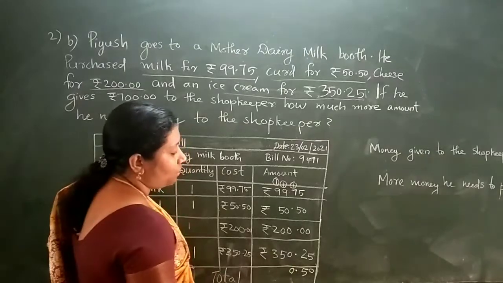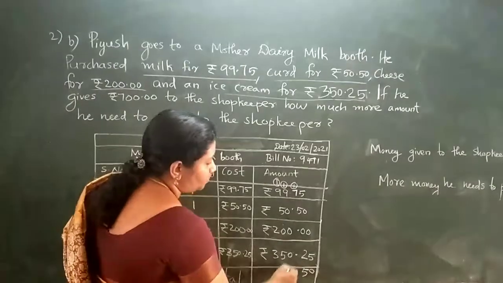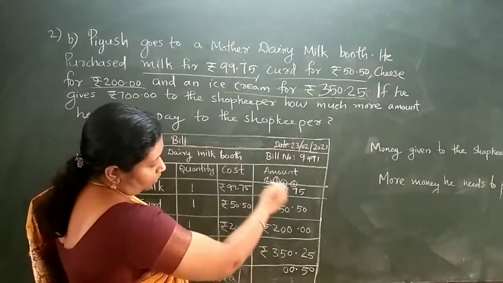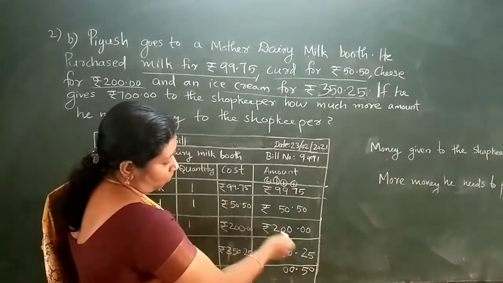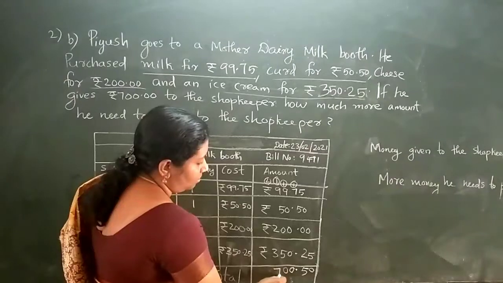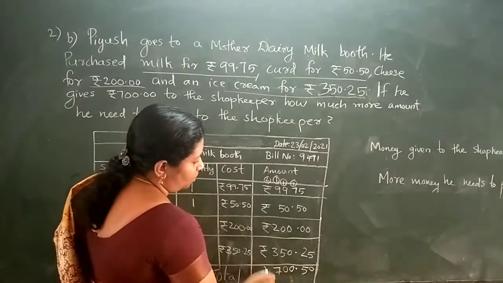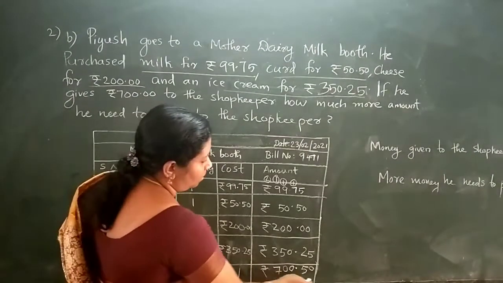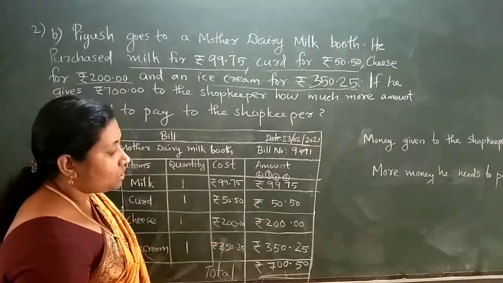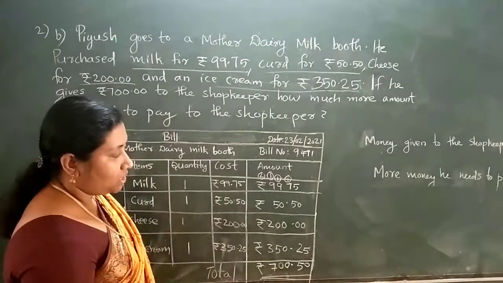Again 15 plus 5 is 20. Carry 2 over here. Then 2 plus 2 is 4. 4 plus 3 is 7. So what is the total amount? Total amount is 700 rupees and 50 paise.